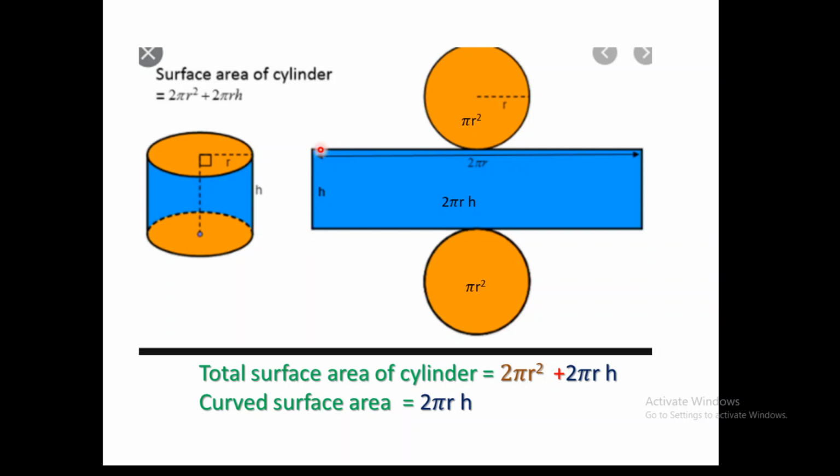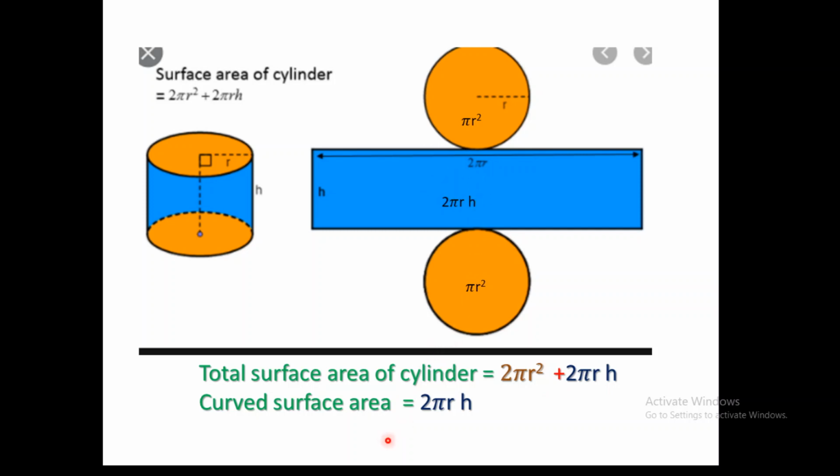Then this length is the circumference of the circle. It will round here, so the length is 2 pi r, the circumference of the circle. So what will be the area of this rectangle? Length into breadth, 2 pi r into h. We know the area of a circle is pi r square, so 2 circles are there, so 2 pi r square. Then the total surface area is 2 pi r square plus 2 pi r h.